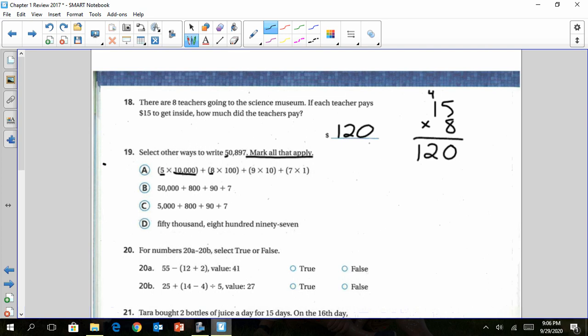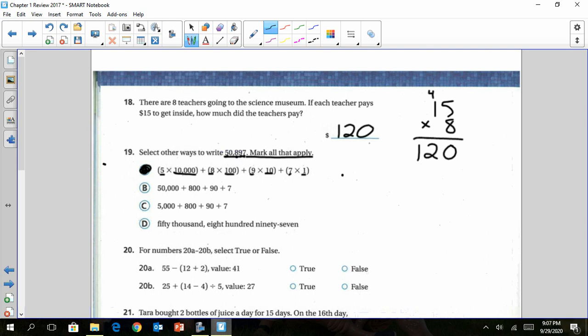The 8 is in the hundreds place. That's also correct. The 9 is in the tens place, which is true. And a 7 in the ones place, which is also correct. If I were to multiply all of these, I would end up adding them together and still get that number. So that is correct.